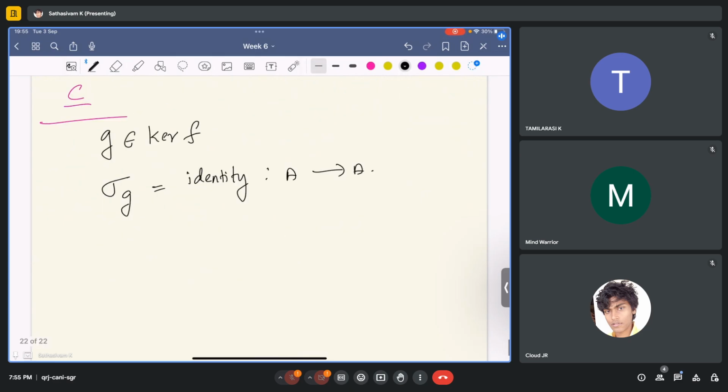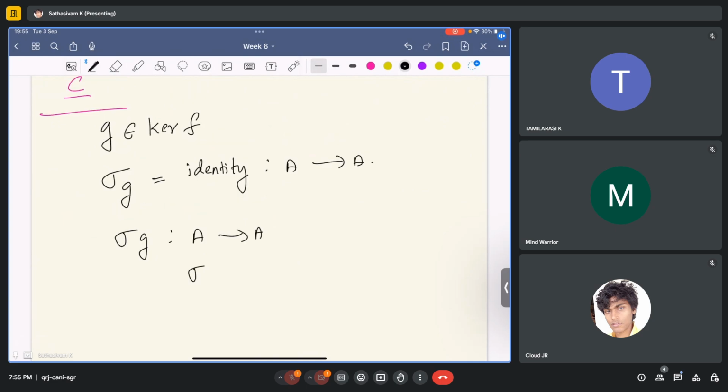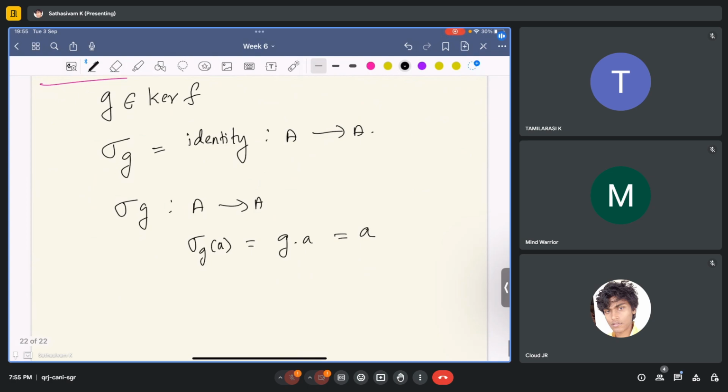Okay, what does that tell you? Sigma g is a map from A to A, and it is the identity map. What is sigma g of a? Sigma g of a is g·a, but since this belongs to the kernel, it is equal to the identity. The identity map sends a to a, so g·a must be equal to a. And this has to happen for all a because the identity does this for all a.